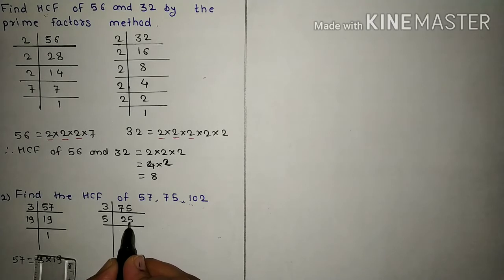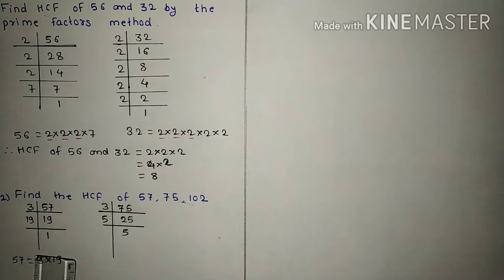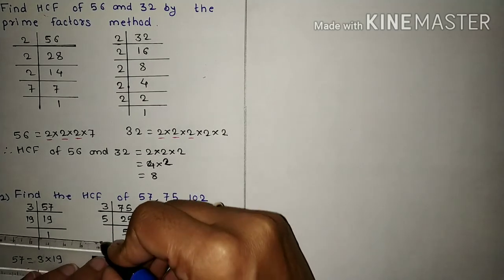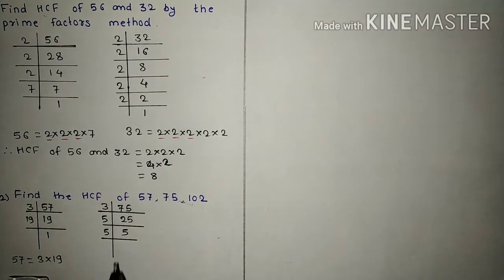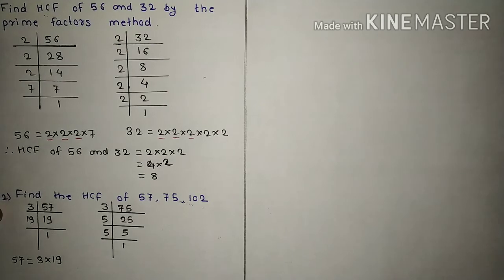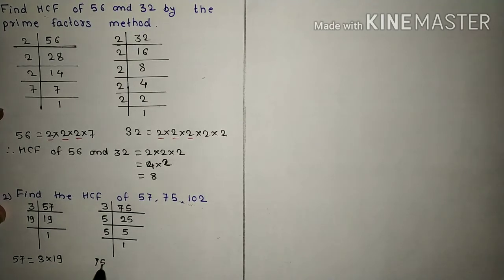When we divide 25 by 5, then we get 5. 5 5s are 25. Now 5 is divisible by 5. 5 1s are 5. Therefore prime factors of 75: 75 equal to multiplication of these prime numbers, 3 into 5 into 5.